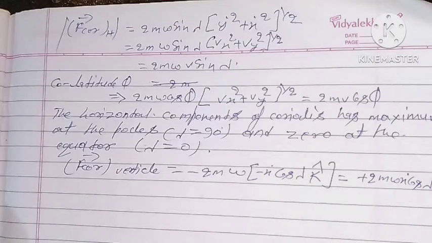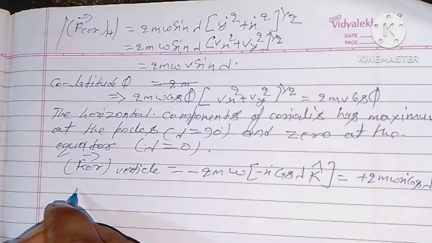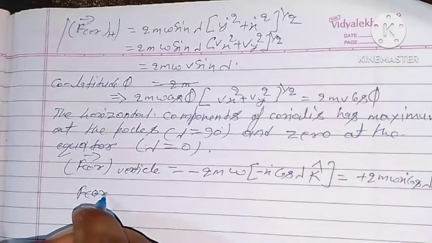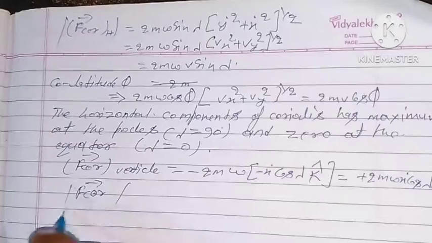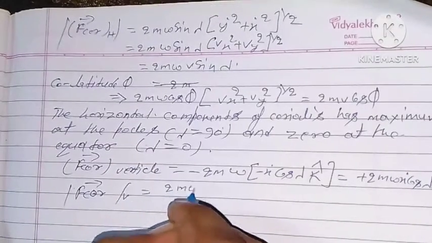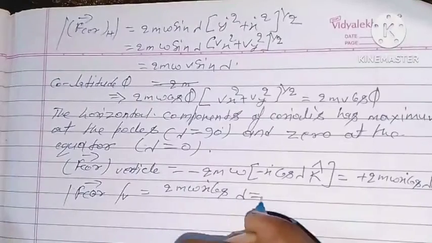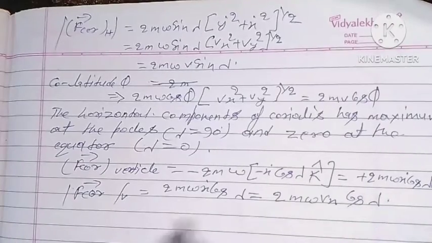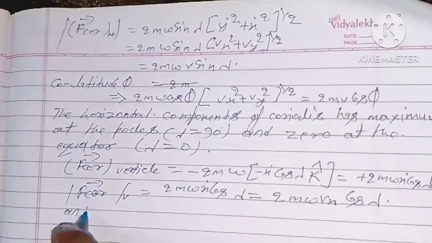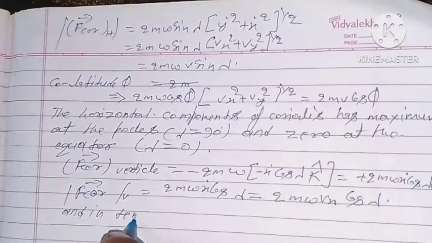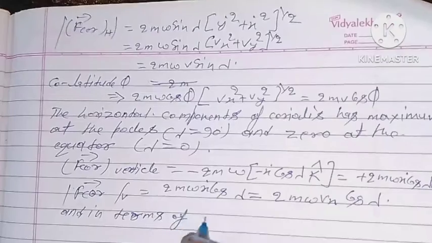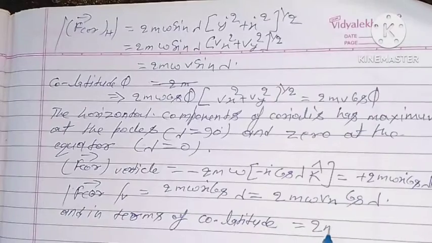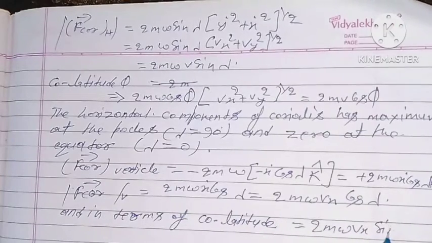The magnitude of the vertical component is 2m omega x dot cos lambda, equal to 2m omega vx cos lambda, and in terms of colatitude, equal to 2m omega vx sin phi.